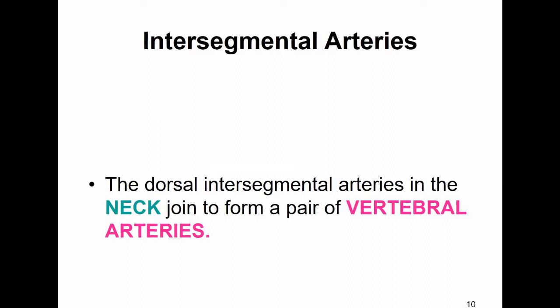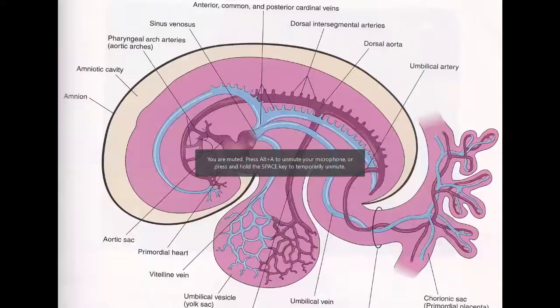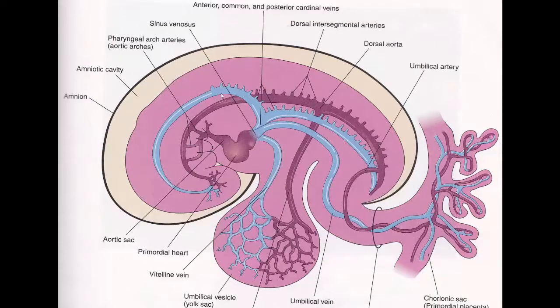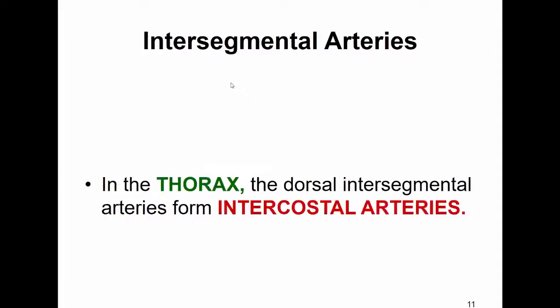There are two on each side of our neck, and they run inside the foramina transversarium. So where do they come from? From the dorsal intersegmental arteries in the neck region. Suppose here, the dorsal intersegmental arteries unite to form the vertebral arteries. So you know about the vertebral arteries.